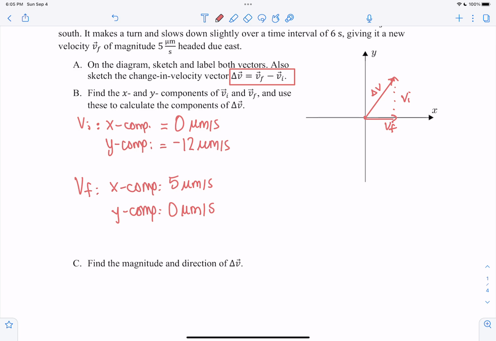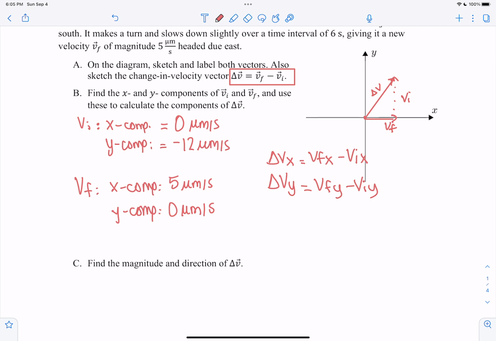Now it's asking us to calculate the components of delta V. So that would be delta Vx and delta Vy. Delta Vx is equal to Vfx minus Vix, and delta Vy is Vfy minus Viy.